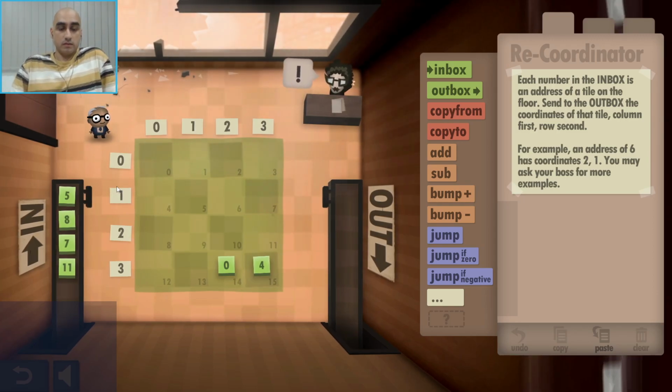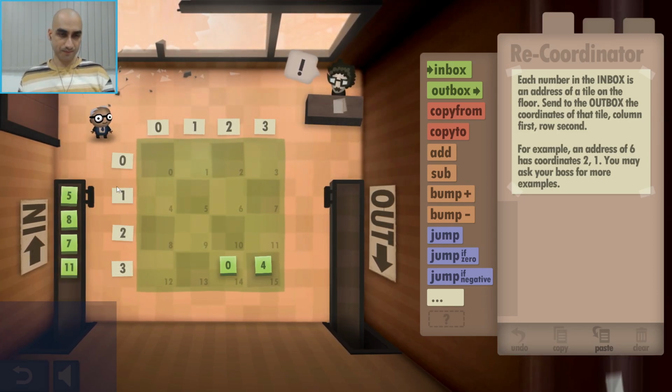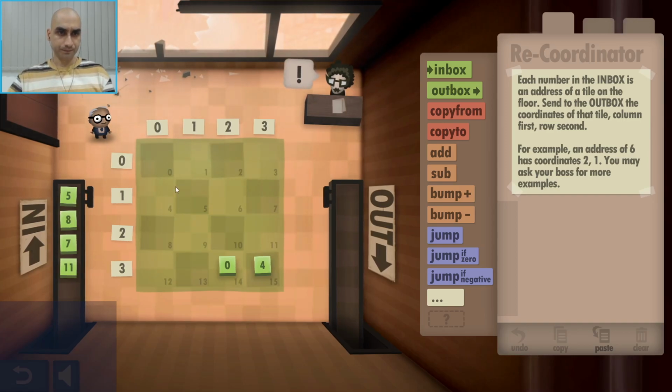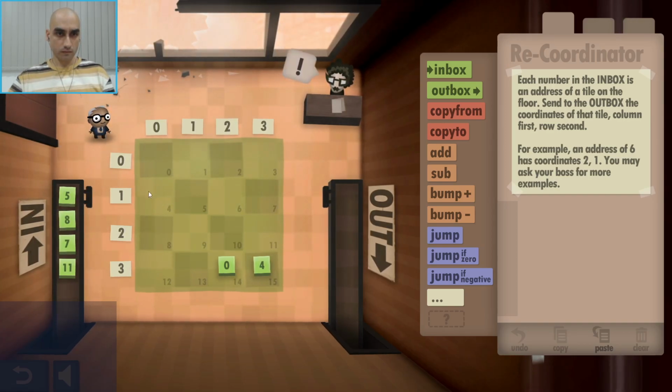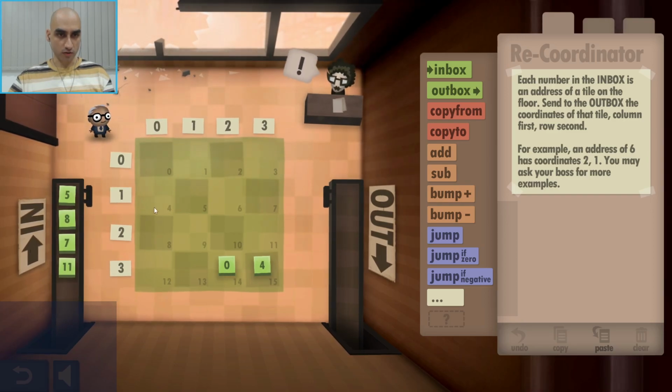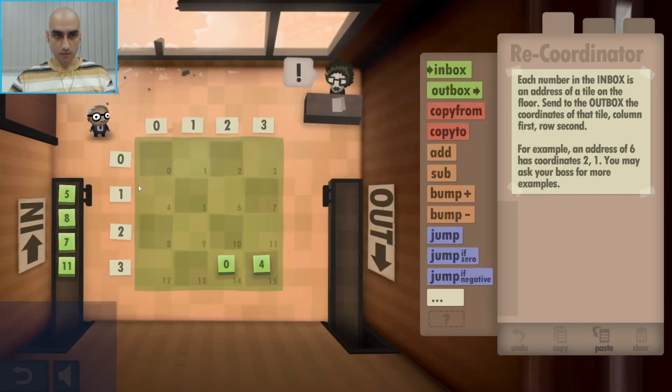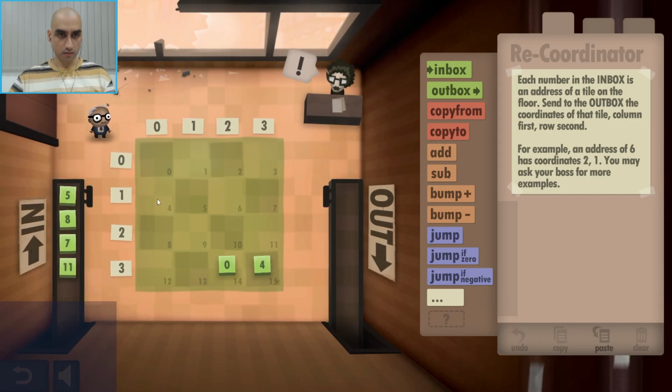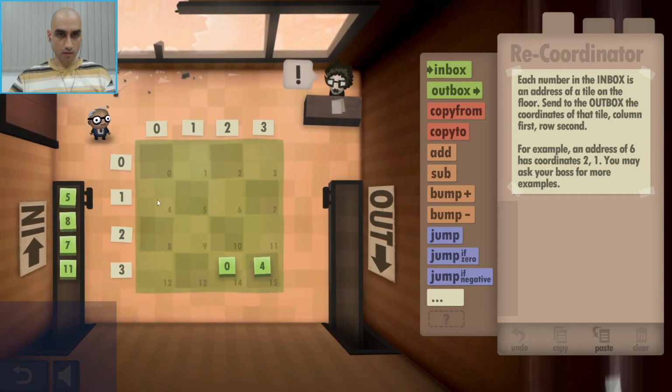Oh, wait, so this is what... Okay, so if we pick up a 4, we're gonna go to this tile here. Ah, so we're doing modular arithmetic, basically.